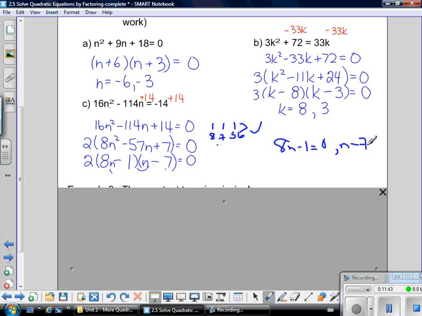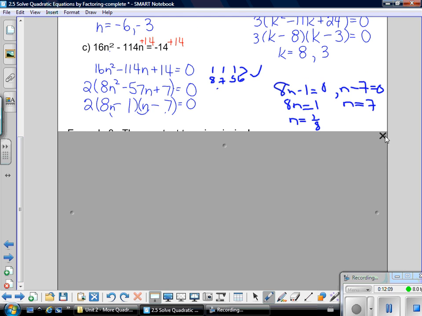Sometimes you have to write it down just to make it a little easier for your brain. When I do that, I end up with 8n equals positive 1. Divide both sides by 8, I end up with 1/8. And on this side, I would have n equals 7. So my two answers are 1/8 and 7.